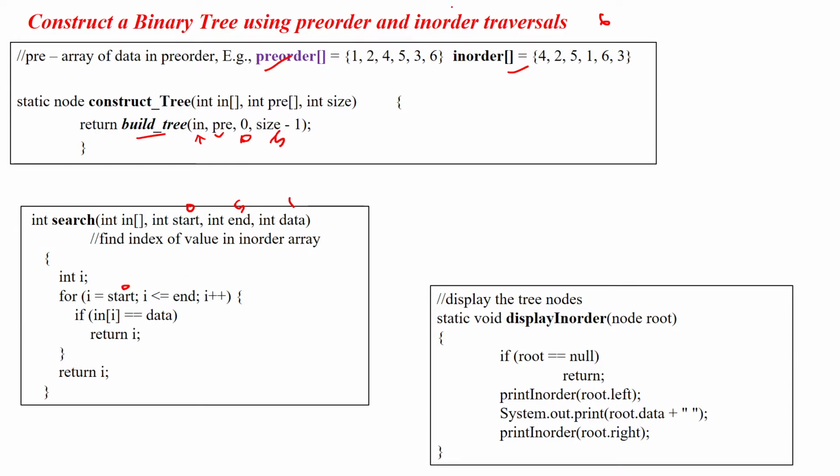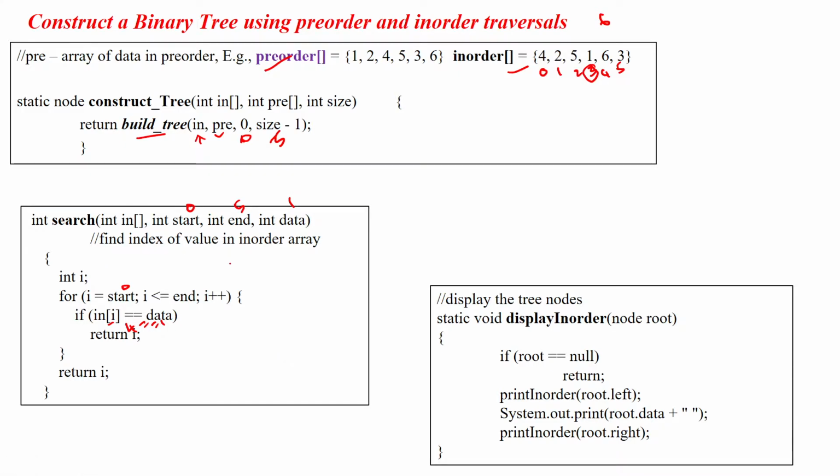So where is 1 available in the inorder array? 0, 1, 2, 3, 4, 5. It is available at index number 3. It checks inorder of 0 equal to data: inorder of 0 is 4, 4 equal to 1 is false.